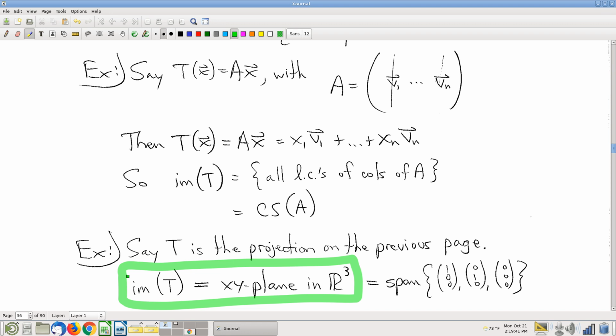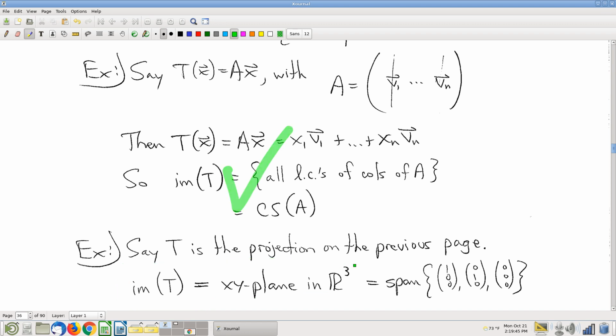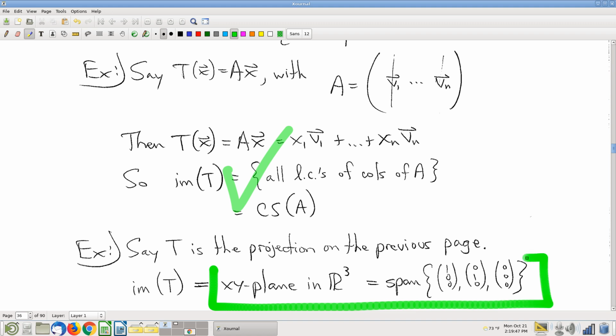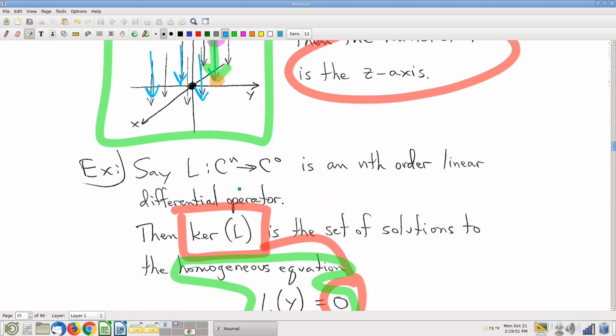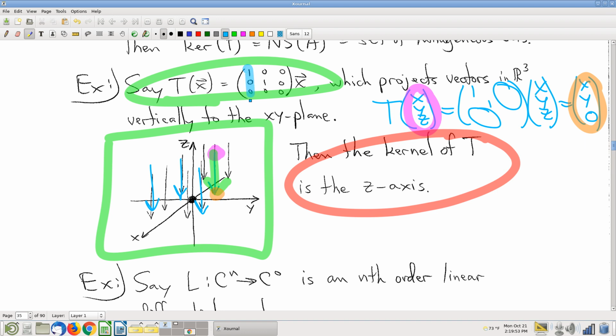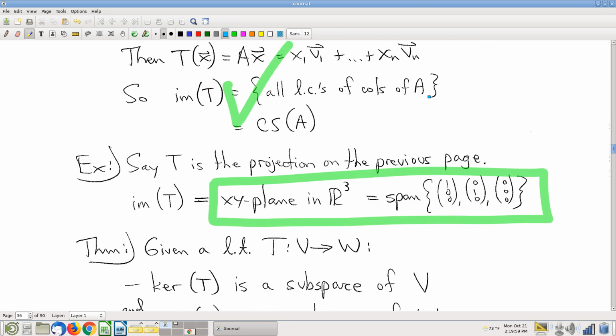And as this predicts, the xy plane is the span of the column vectors. Those column vectors, recall, are (1, 0, 0), (0, 1, 0), (0, 0, 0). And it's easily confirmed that the span of those column vectors is the xy plane.